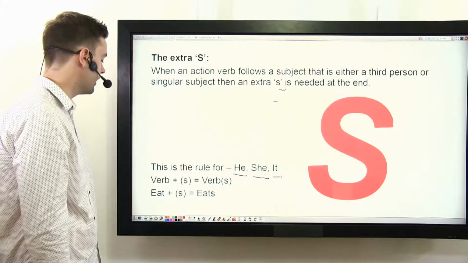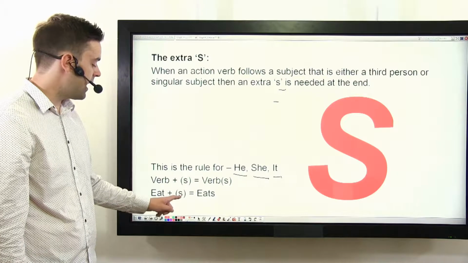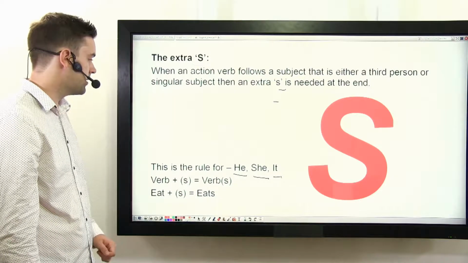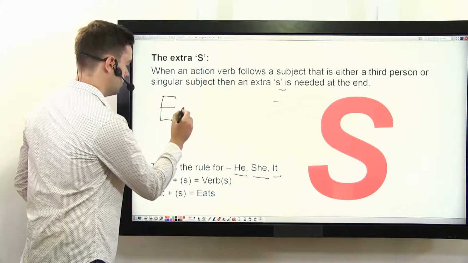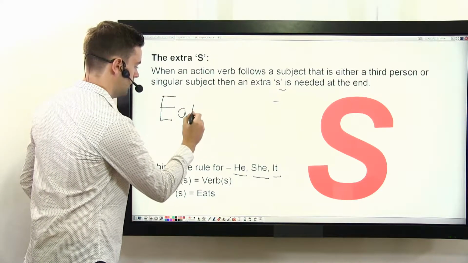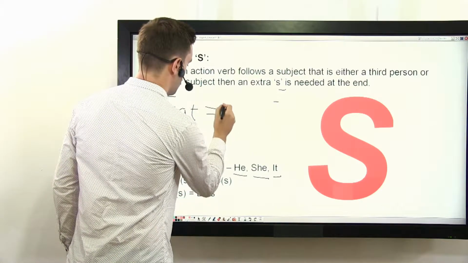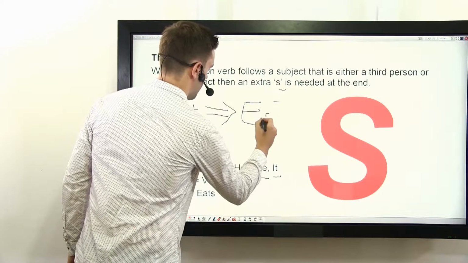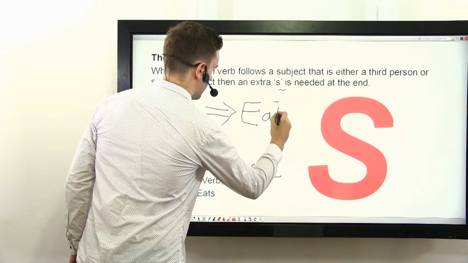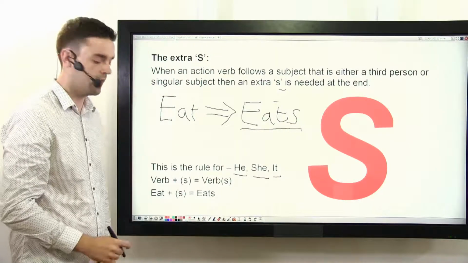For example, eat plus S equals eats. So eat, E-A-T, goes to E-A-T-S, eats.